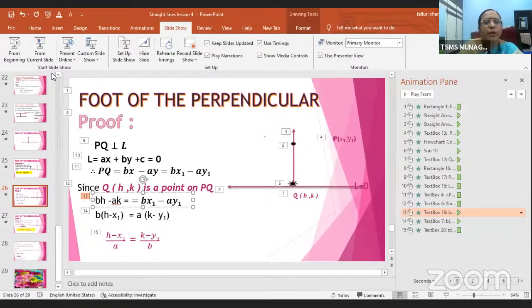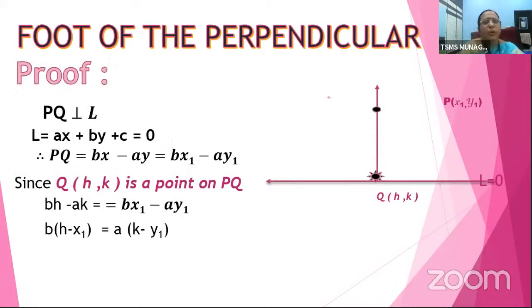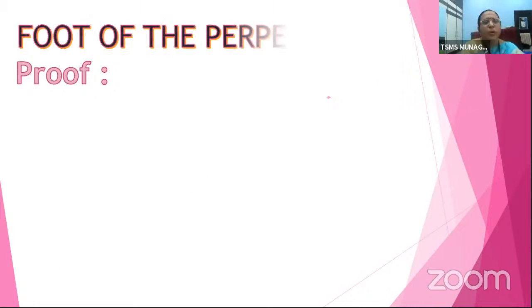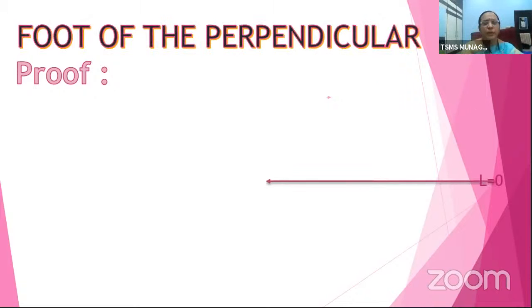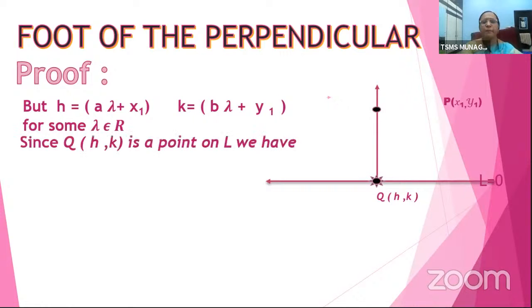And so, if you take the common there, we will get B(h − x1) = A(k − y1). Now, on cross multiplying, we'll get (h − x1)/A = (k − y1)/B. Now, here you are translating the point, and so h = Aλ + x1 and k = Bλ + y1 for some λ belonging to R.